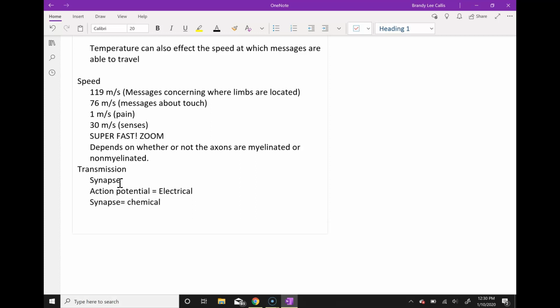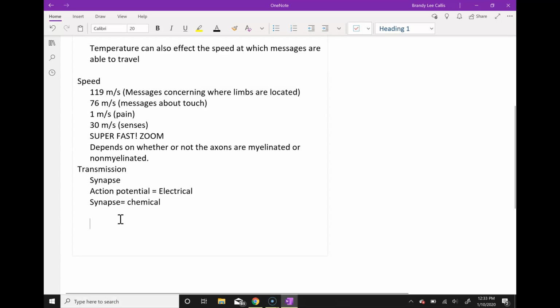Sorry, I'm turning those two around in my brain. So action potential is an electrical charge that is traveling through your axon. So that is electrical. However, how it gets transmitted is chemical. We release those neurotransmitters, and those neurotransmitters are what carry the message across that gap, the synaptic cleft.